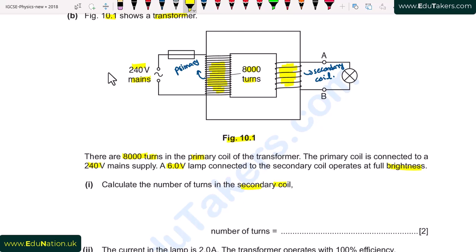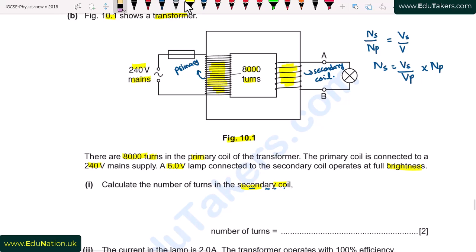Here we have to find out the total number of turns in the secondary coil, when the primary coil number of turns is given and also the voltage across primary and secondary is given. So using the formula that turns ratio is equal to the ratio of voltage, I write here Ns over Np is equal to Vs over Vp. From here we have to find the value of Ns. It will be equal to Vs over Vp multiplied by Np.